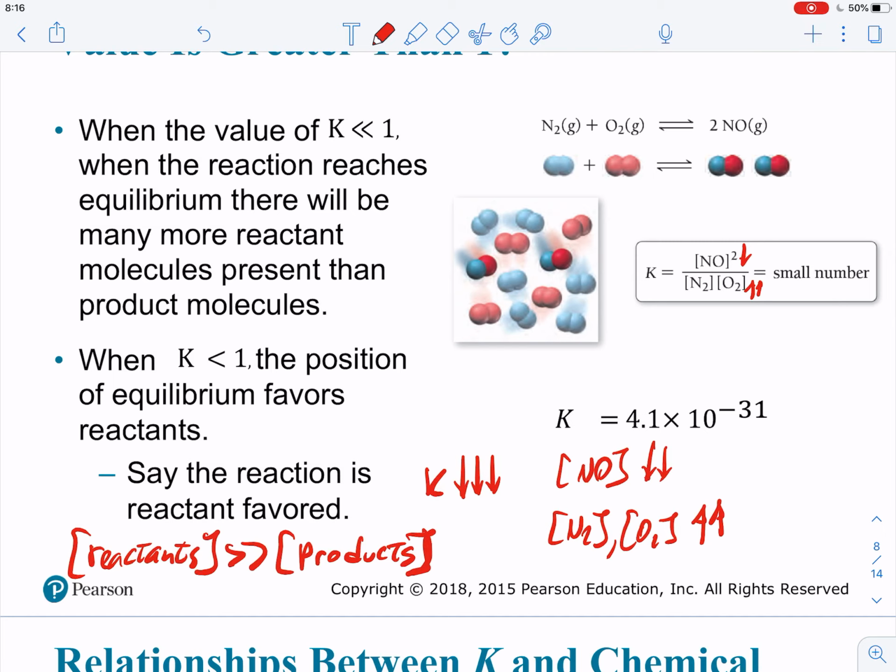And as such, whenever you have an equilibrium constant that is really small, then the reactants are favored. Why are the reactants favored? Because there is a larger concentration of reactants than you have of products. So this is when K is really small.